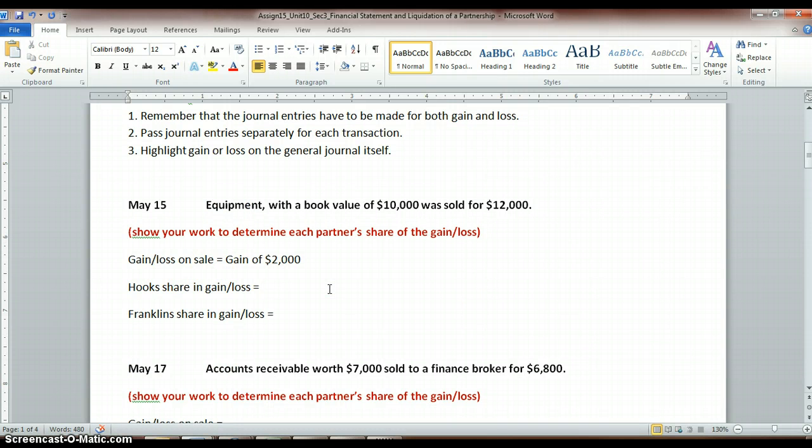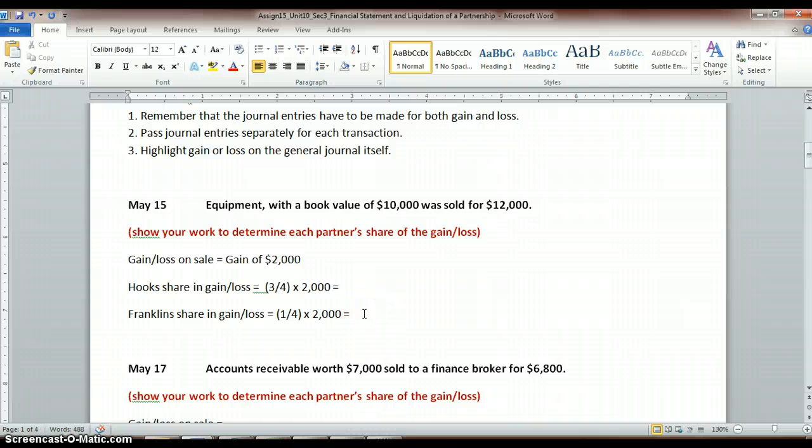So that gives us our fraction. We have 3/4 going to Hooks. So I need to take 3/4 times the 2,000 to find out his share. And then that leaves us with 1/4 going to Franklin.